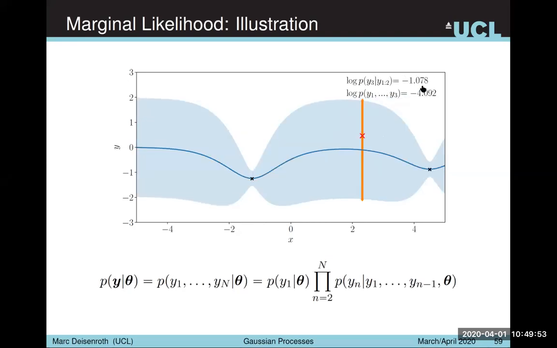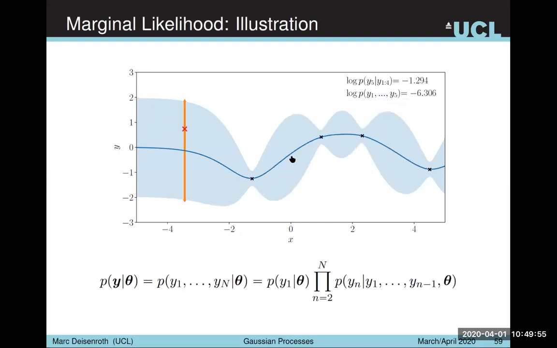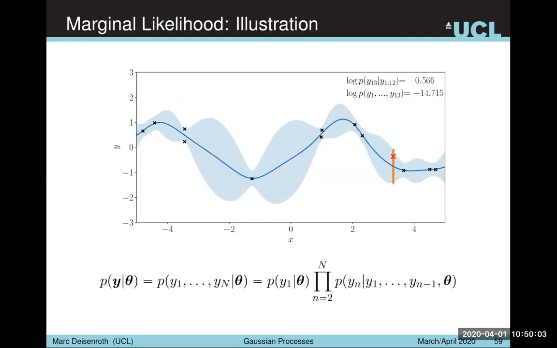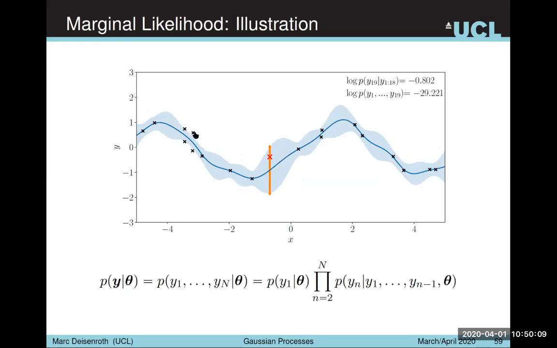You will identify this because the red cross is far outside the orange bar. Should come soon. There we go. So that value was a very bad predictive value, or had a bad predictive log likelihood. That's kind of what the marginal likelihood does.